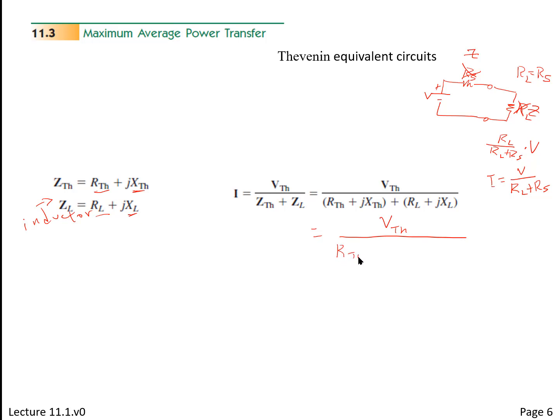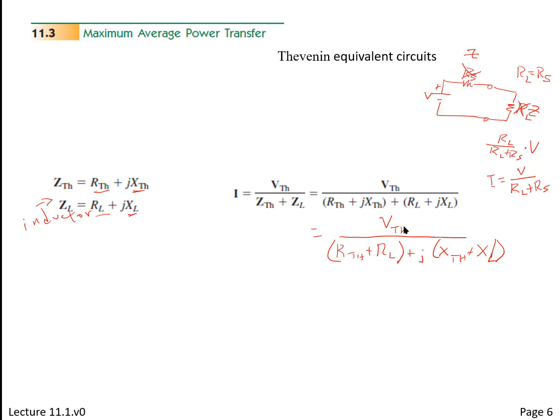So you'll have R Thevenin plus R of the load, which I'm calling inductive right now, and most loads, by the way, I'll point out in later sections, plus J times X of the Thevenin plus X of the load, right? So that would be the current.